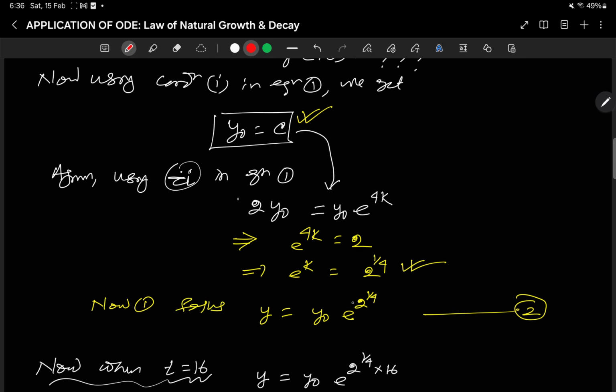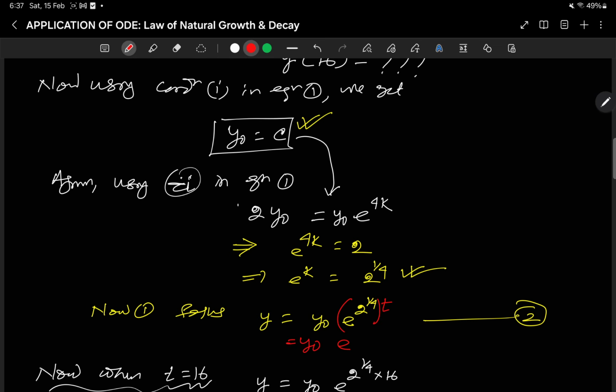Okay, e to the power kt, so here it is y0 times 2 to the power 1 by 4, whole to the power t.